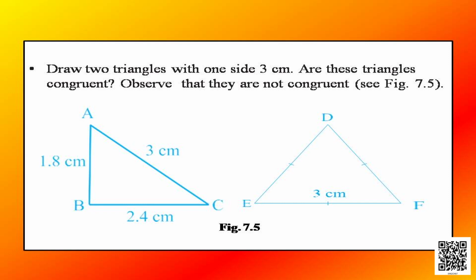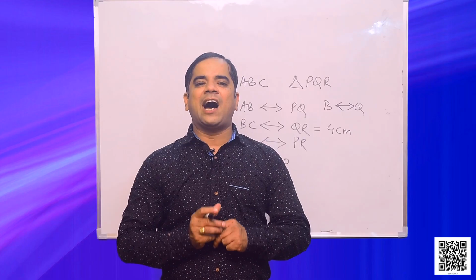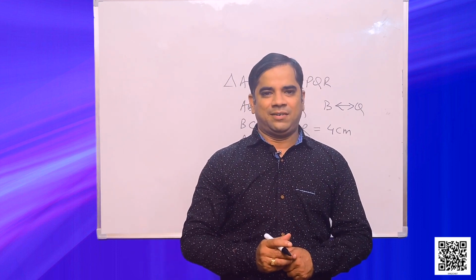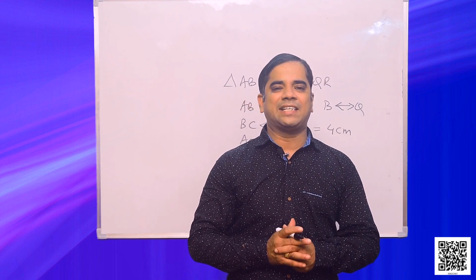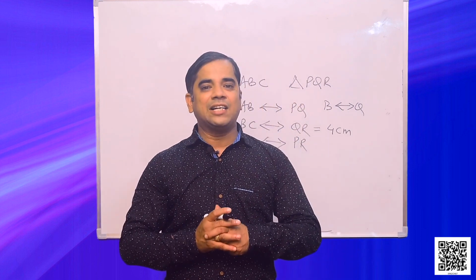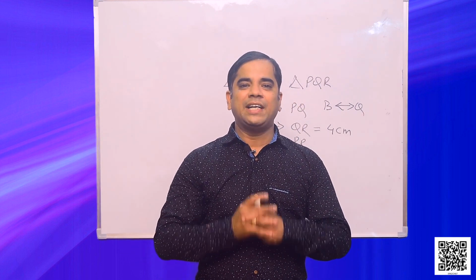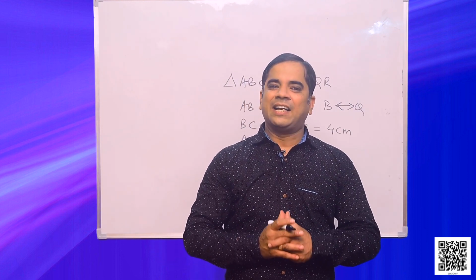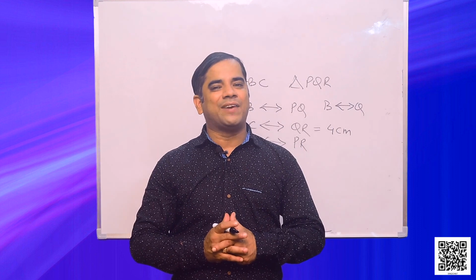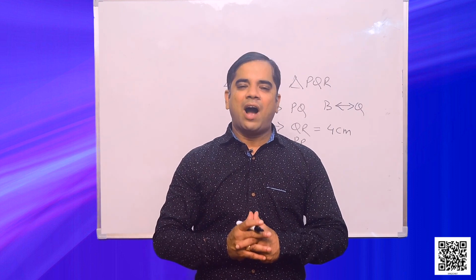That means though these two triangles have a common side and a common angle, they are not congruent, because for congruency all the corresponding sides and corresponding angles should be equal to each other. Okay? So we can say that triangle ABC is not congruent to triangle PQR.